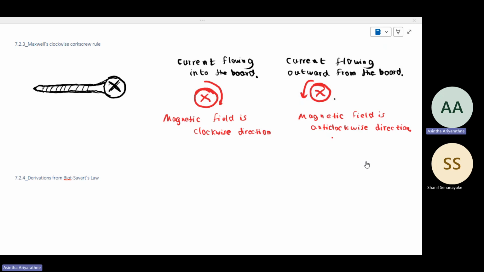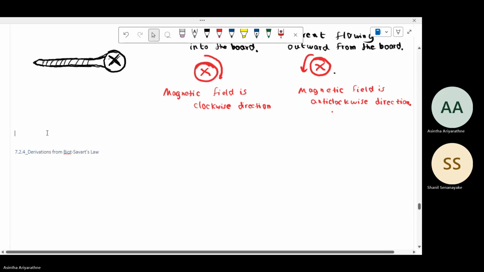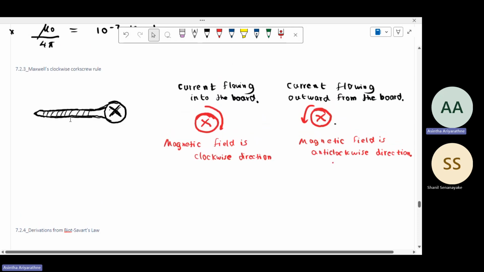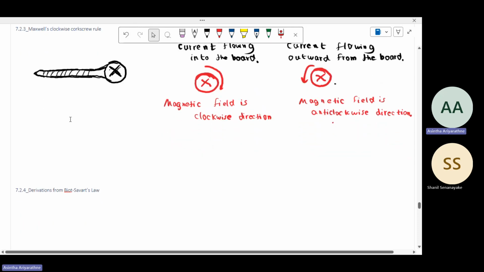When the thumb is pointed towards the direction of the current, the other four fingers are directed towards the direction of the magnetic field. This is similar actually. Since this is in the syllabus, I included it here, but both are the same. The right hand rule and corkscrew rule are similar.